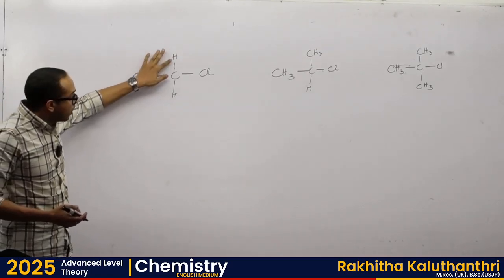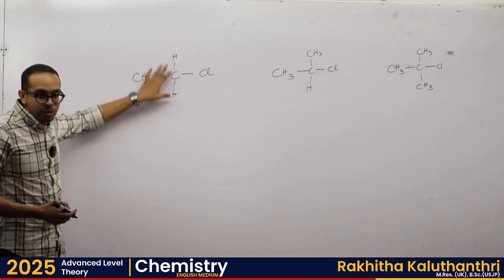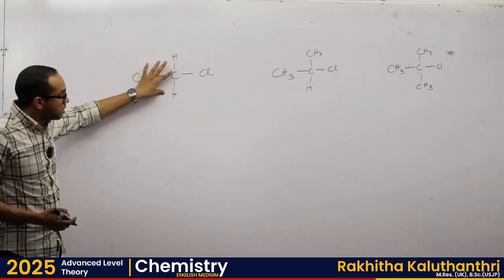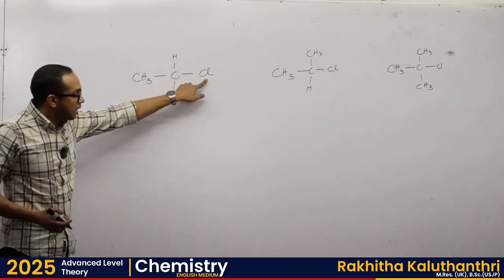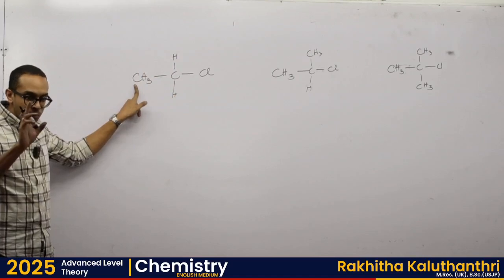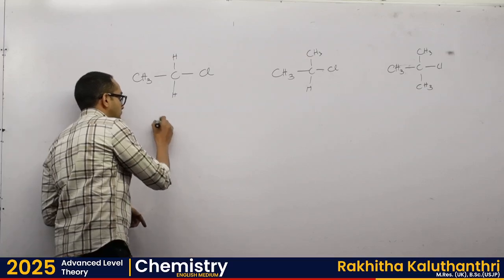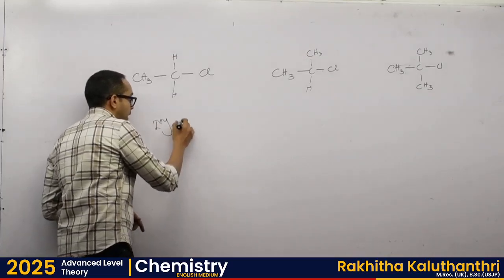You can see other bonds are just hydrogen atoms. So one alkyl group, other bonds are hydrogen atoms. So carbon bearing the Cl is connected to only one other alkyl group. So such compounds are called primary alkyl halides.